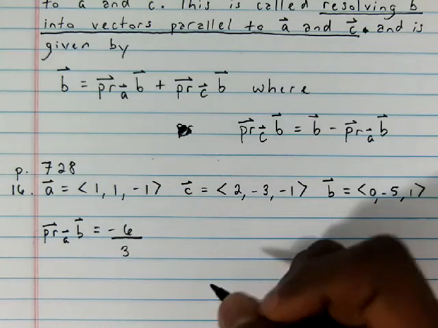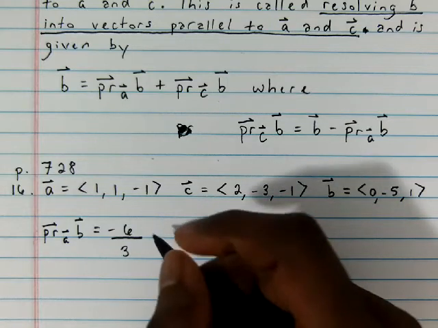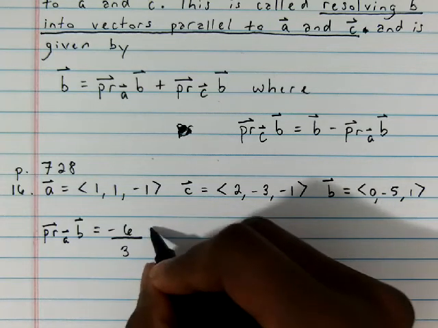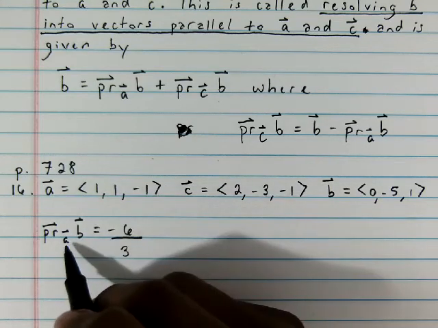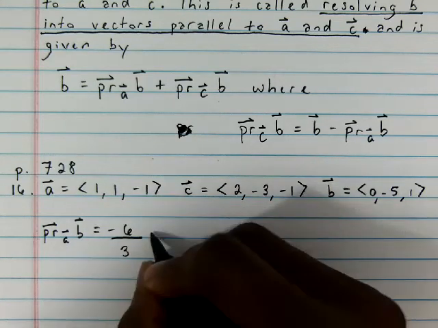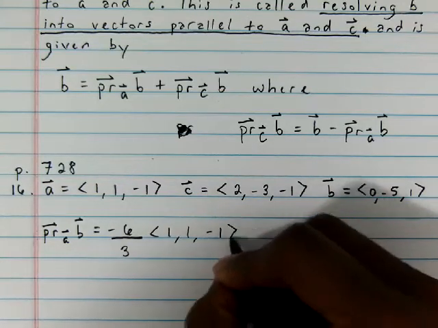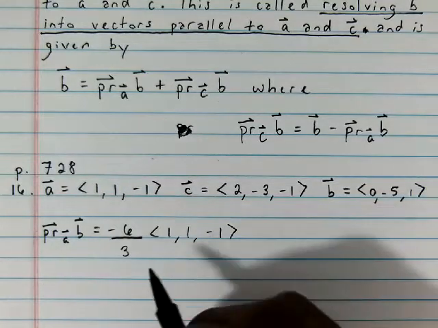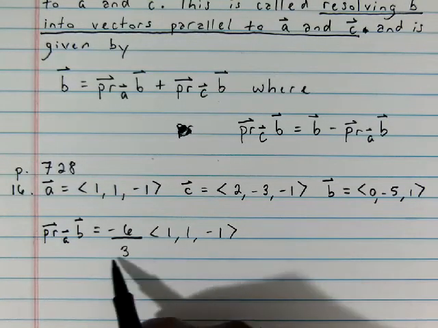All right, so these are formulas that we discussed in the last lesson, or the last video. Then times this vector A, the vector that's at the bottom down there. So 1, 1, negative 1. Now, other than changing this to negative 2, I would normally leave this exactly like that.